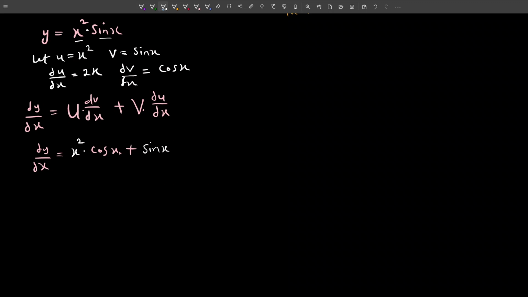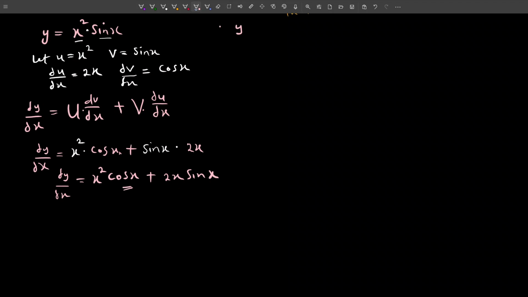I'm only substituting what I have here into my product formula. So v is sine x times du dx. du dx is 2x. This gives me dy dx equals x squared cos x plus 2x sine x.